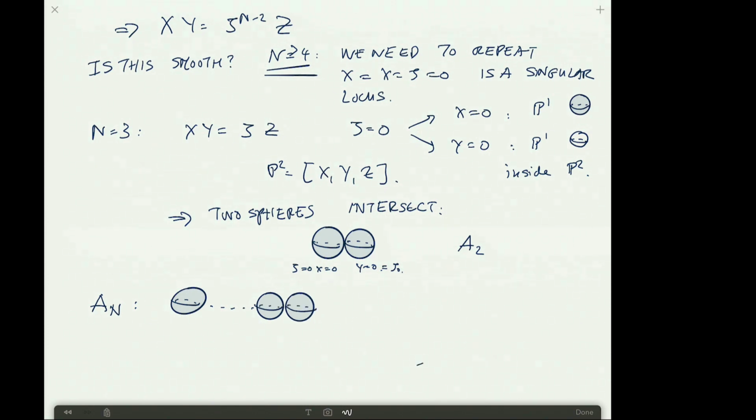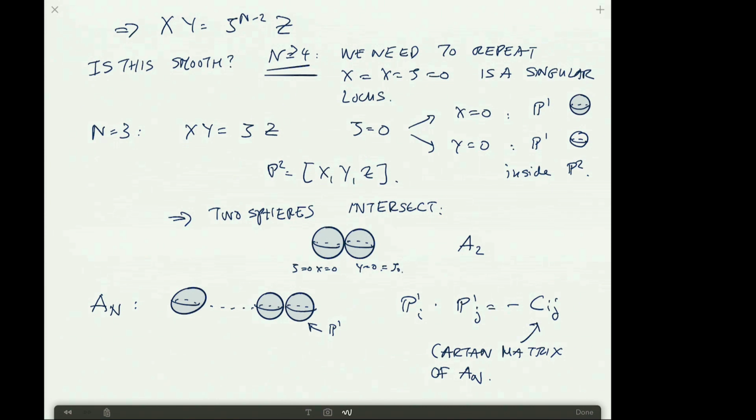So these are all P1s. And if I label these spheres P1_i, then their intersection pattern in this geometry is given by the Cartan matrix of AN. And more generally, for the ADE types, by the Cartan matrix of the ADE group.